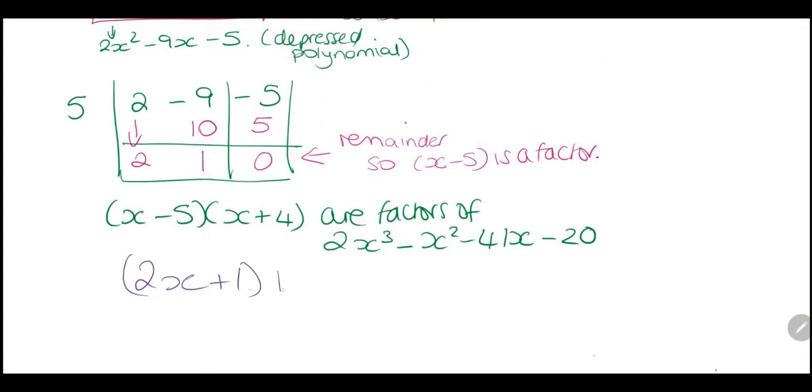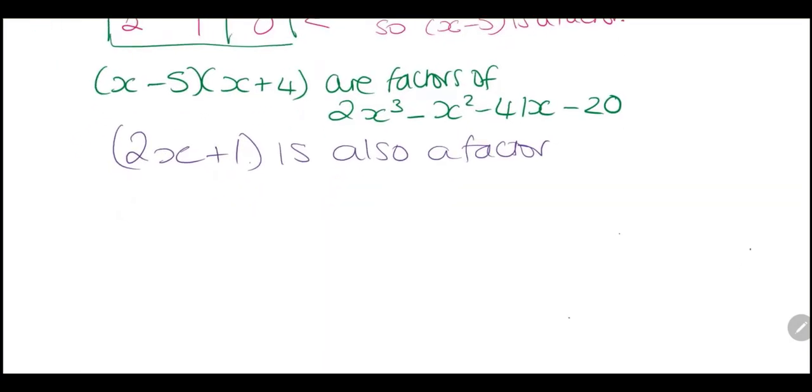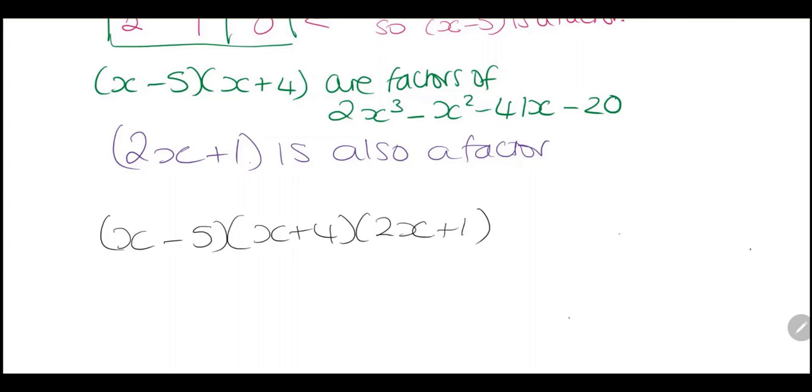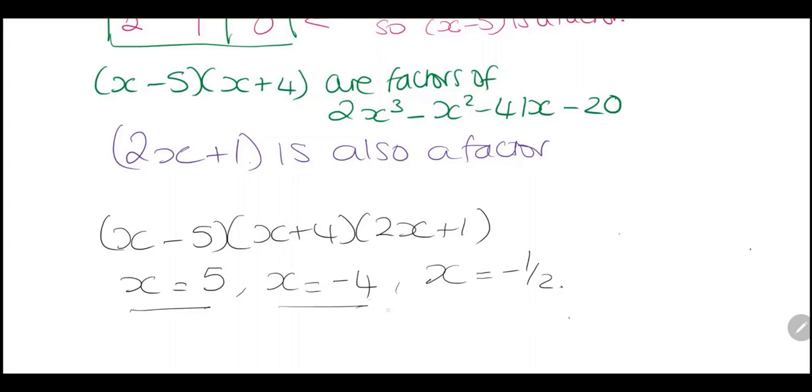So this is also a factor. That means we have 3 factors: x minus 5, x plus 4, and 2x plus 1. So x is equal to 5, x is equal to minus 4, and x is equal to minus a half. We can check using a graphing calculator that we'll have our zeros at these points.